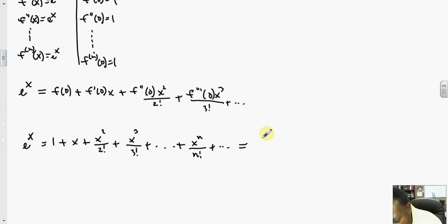This is equal to the summation as n goes from 0 to infinity of x to the n over n factorial. Here's the neat thing.